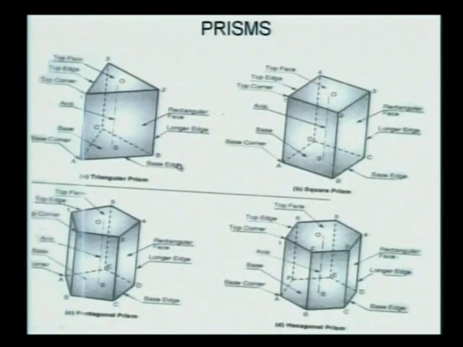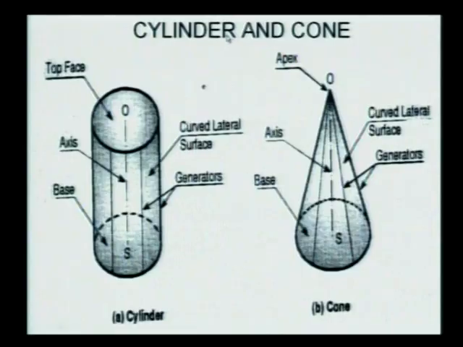While in case of a prism, you can see these lines in practice also, and these are nothing but the longer edges or the slant edges. Okay, so try to clear the difference between prism and cylinder. In a cylinder, base and top are exactly similar, but they are joined with the help of a curved surface having a number of imaginary lines, called generators.